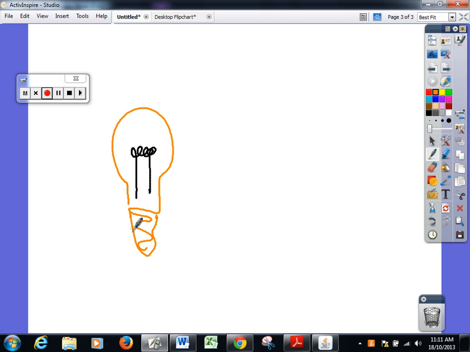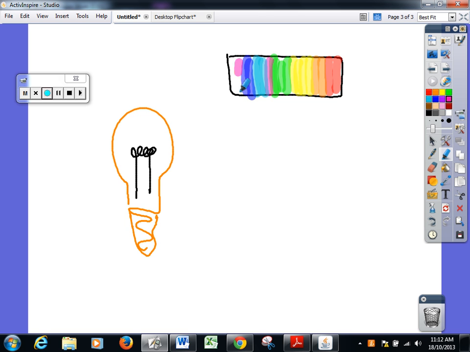The second is when you get an absorption spectrum, and it looks like this here. It's a continuous spectrum underneath. And what's seen above it?